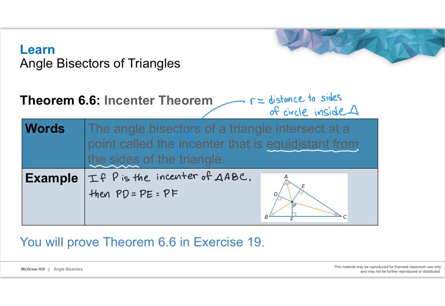So again, the incenter is equidistant from the sides of the triangle. And if we were to construct it, the incenter would have a circle inside the triangle. So in the example that you have in your book, that point P is going to be equidistant from points D, E, and F. Therefore, PD is equal to PE and PF.